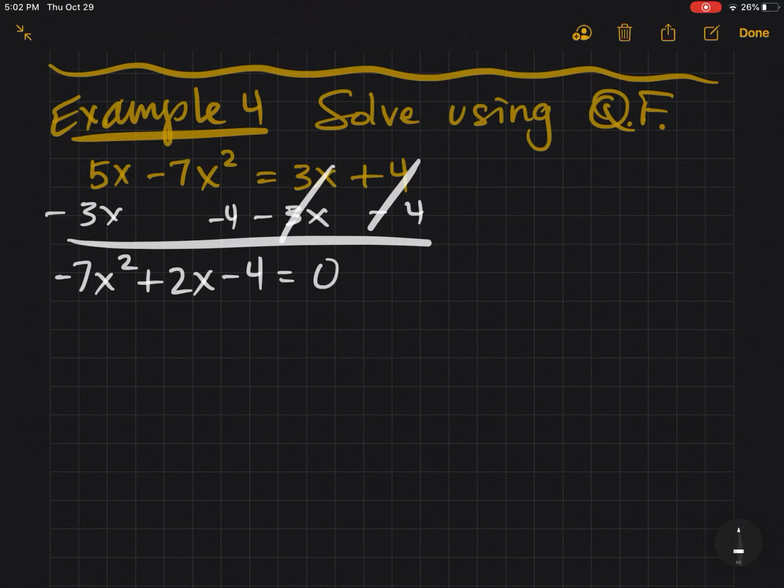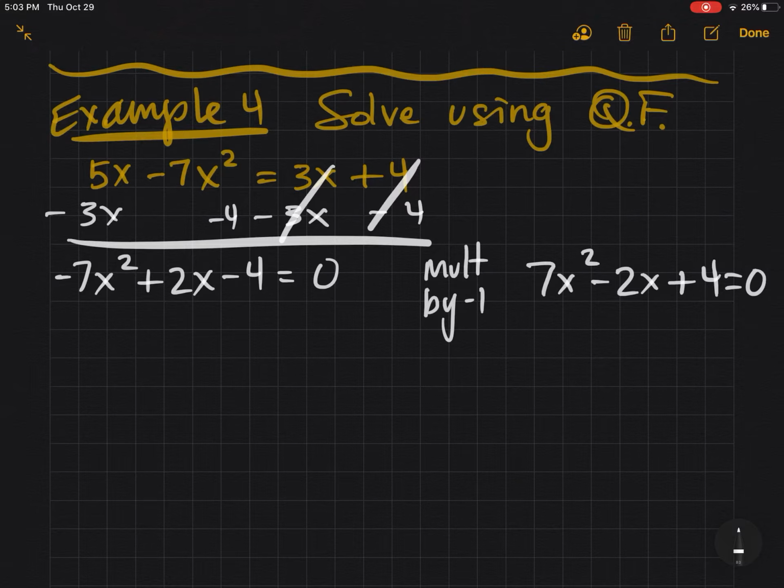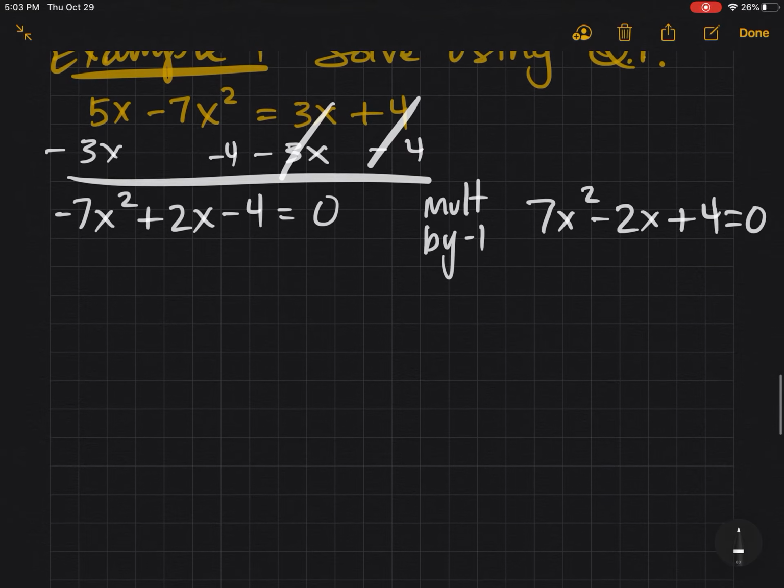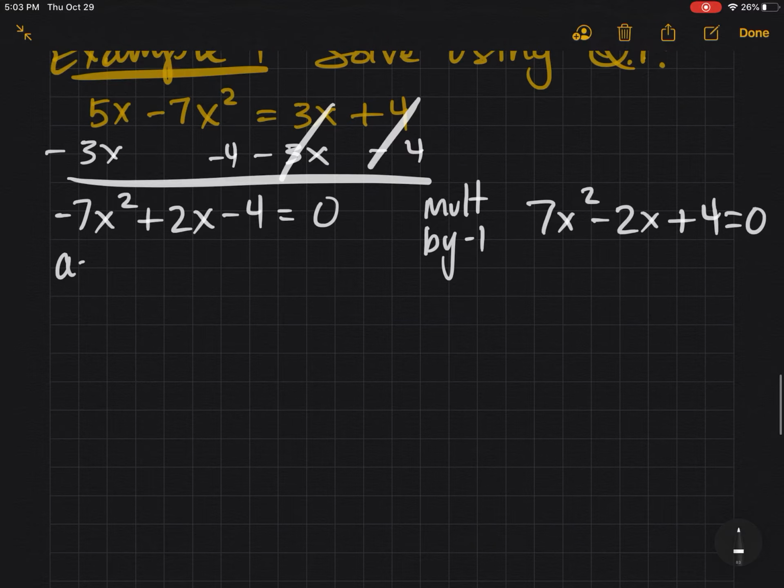I'm going to solve it like this, but I will tell you personally, I would multiply by -1. I just like my leading coefficient positive. So personally, I would do this and solve that same exact quadratic. They're equivalent and you're going to get the same answer. But I do want to make sure you know how to deal with the negative. So I am going to do it this way.